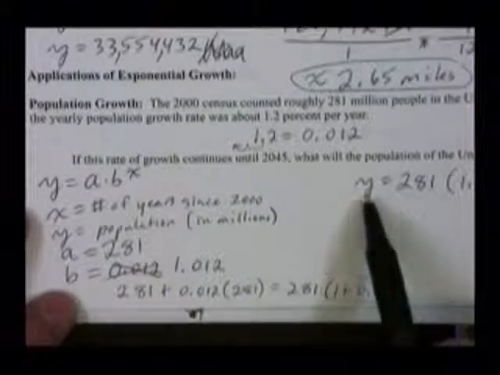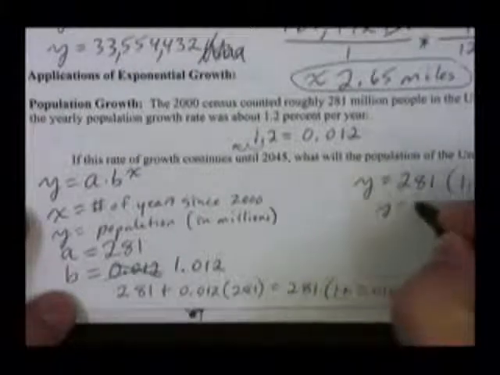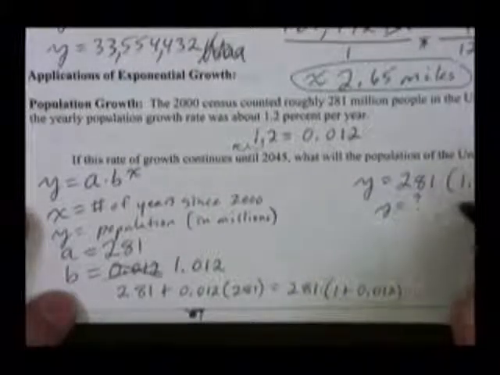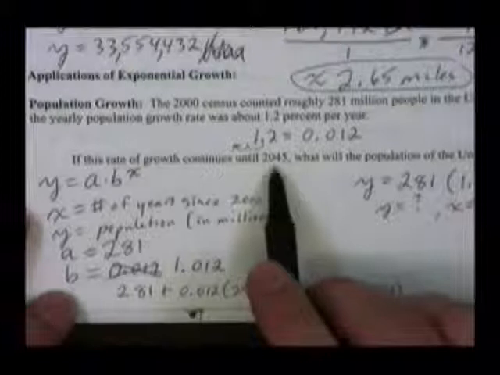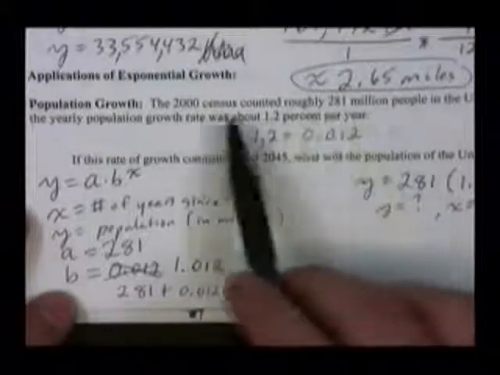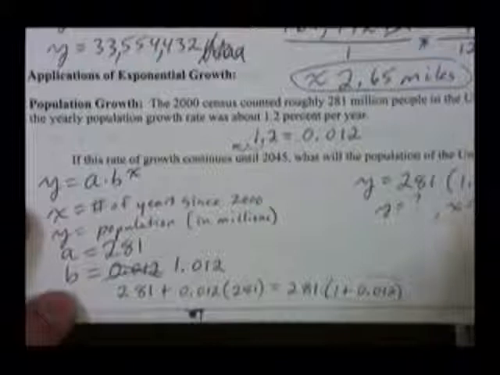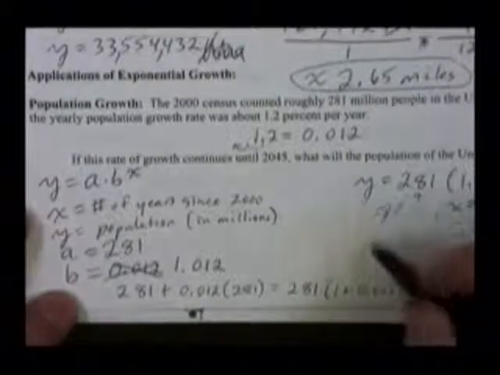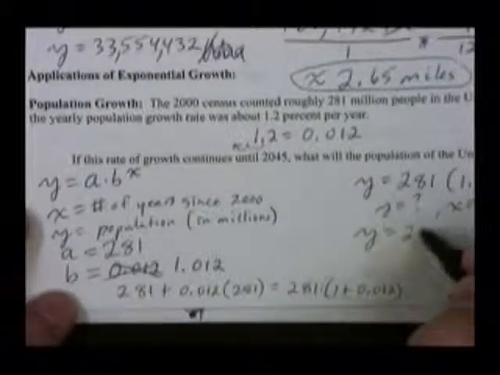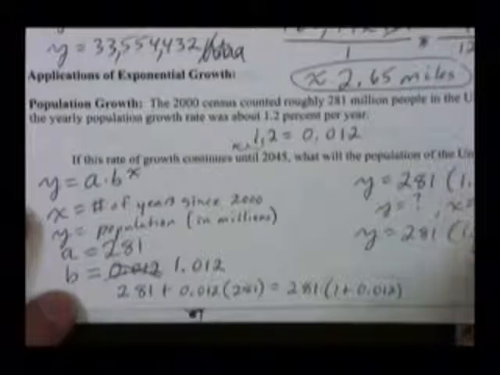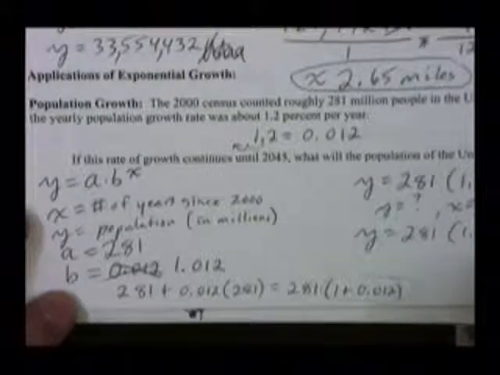So I want to know what my y is, and I know that my x is not going to be 2045, because we said it was the number of years since 2000. So x would be 45. I'm going to plug that in. y equals 281 times 1.012 raised to the 45.